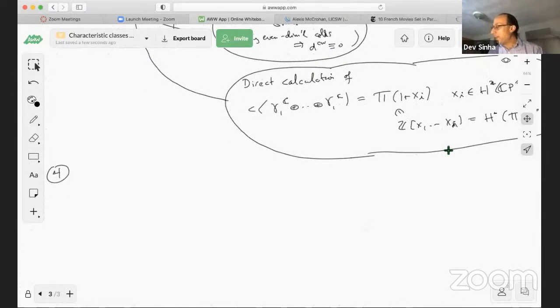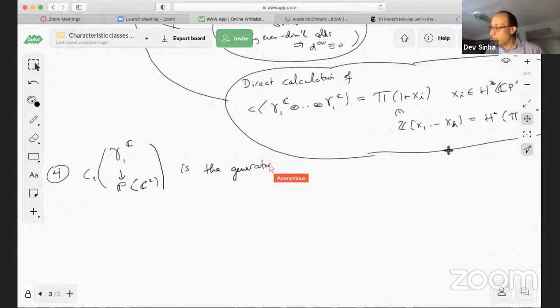In this case, it's that gamma 1 over CP1, lines in C2, has c1 as the generator, because again, we've chosen a way to orient CP1, which is S2, through this weakly complex structure.